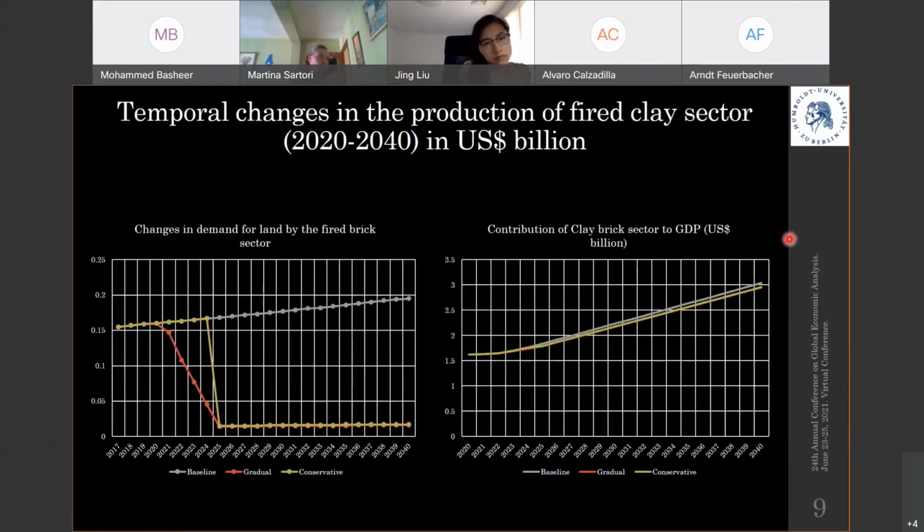Now, if we look at the contribution of this sector to GDP, we can see that the contribution of the sector declines slightly. There is a decline in the yellowish line and the red line. They are lower than the baseline, so that's a reduction in the GDP contribution of the clay red brick production sector.